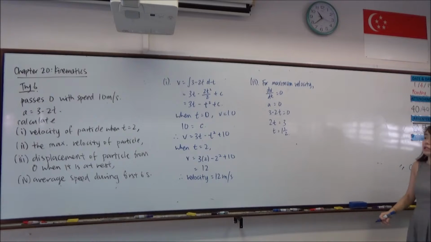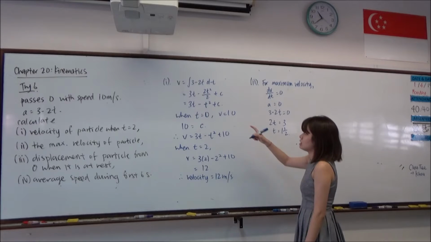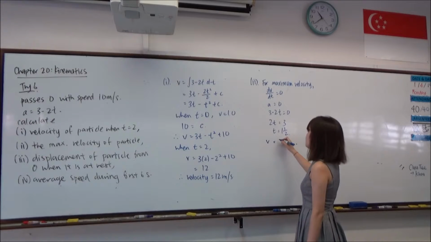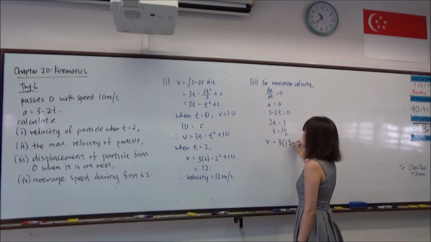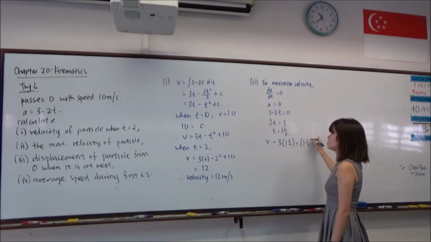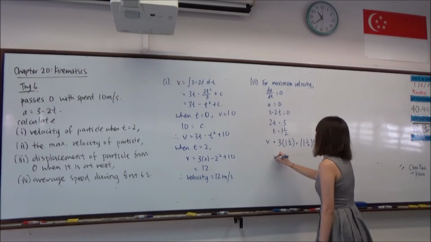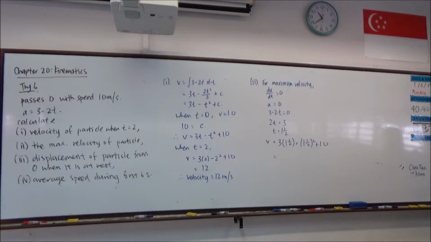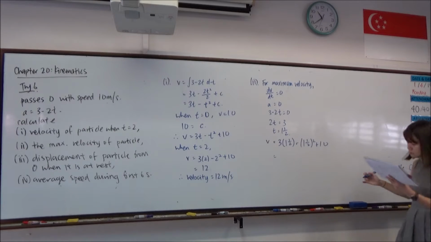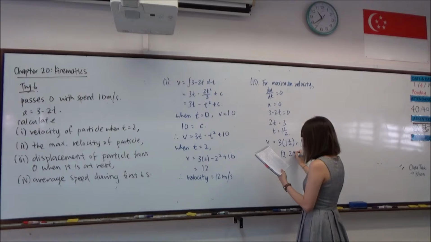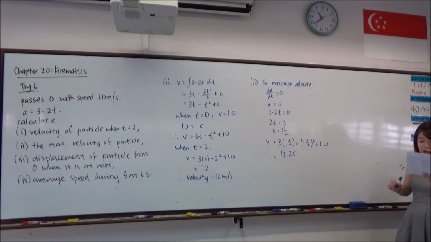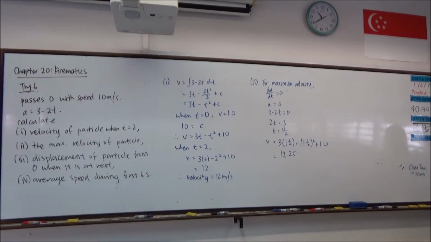After getting t, we will be able to substitute in to find out what the velocity value is. And we get 12.25. Is that all? Is that all that we have to do?